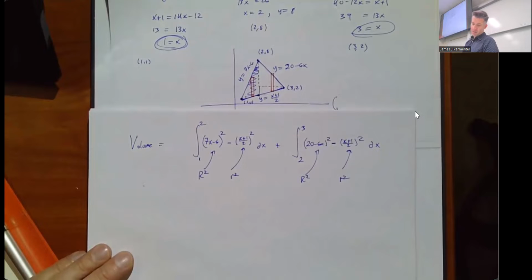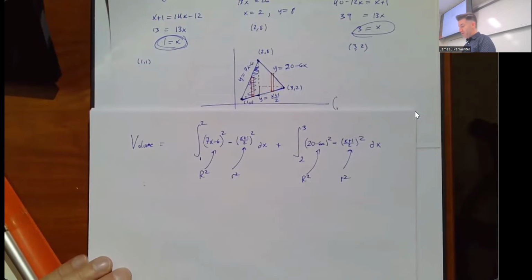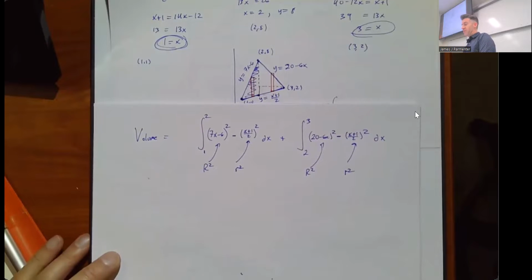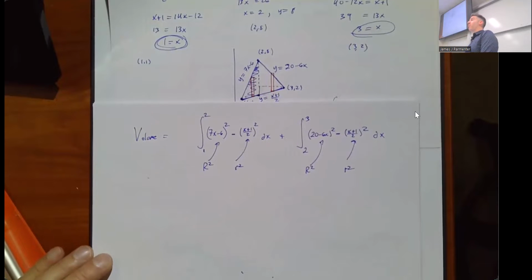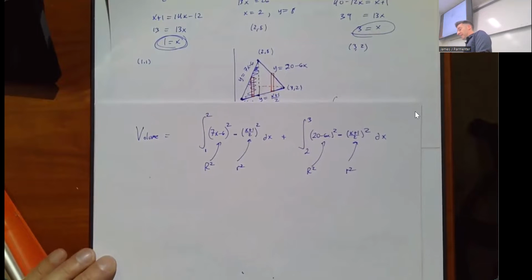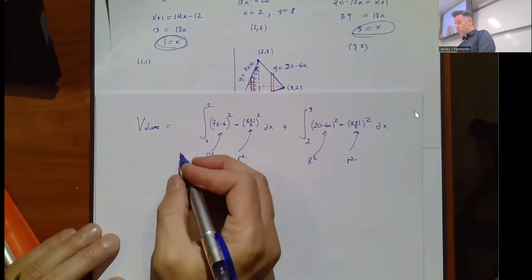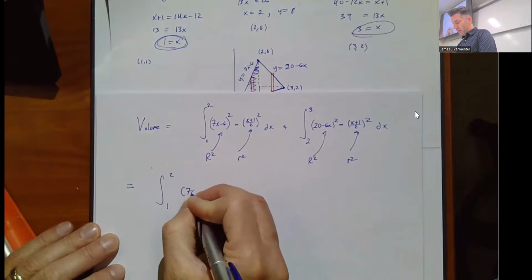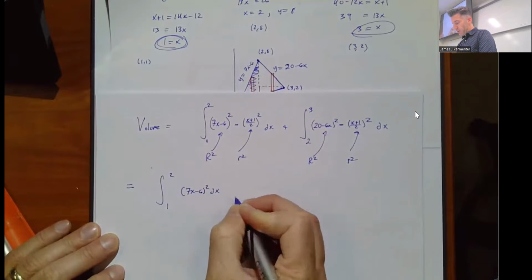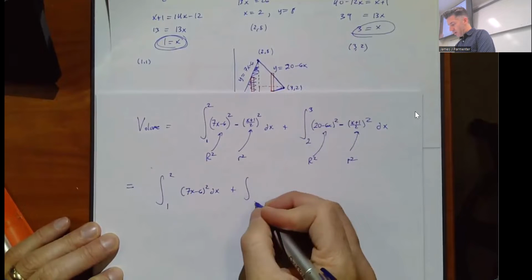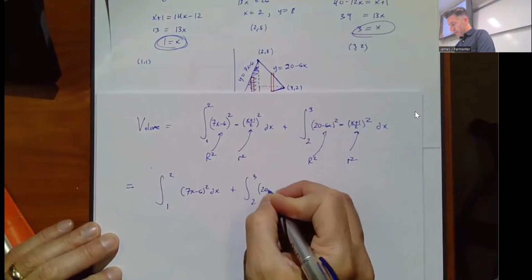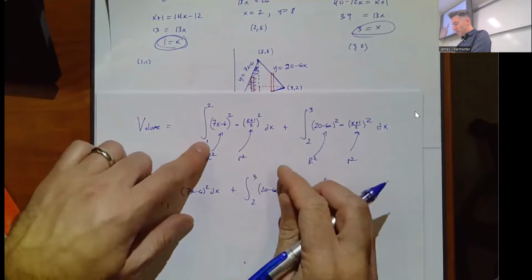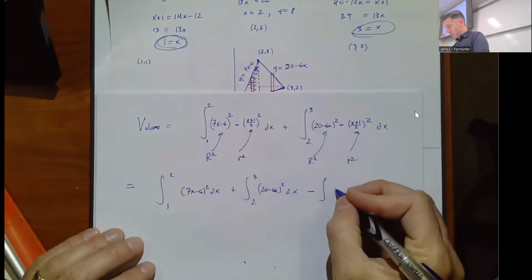And then you have to actually integrate it. So integrating it's not too terrible, but it's not wonderful. I will once again point out that if you wanted to make it slightly less terrible, you could write this as the integral from 1 to 2 of 7x minus 6 squared plus the integral from 2 to 3 of 20 minus 6x squared minus the integral from 1 to 3 of x plus 1 over 2 squared.